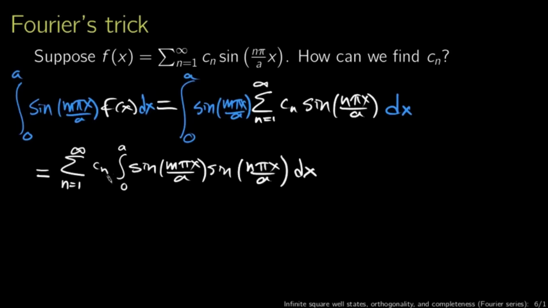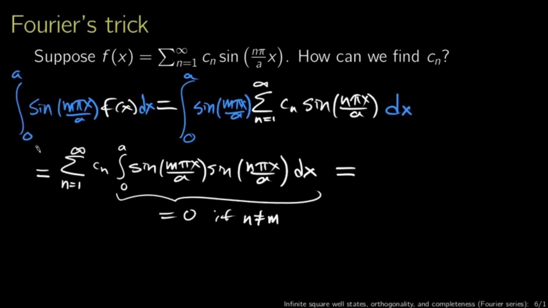Now, you know what this integral looks like. This looks like the orthogonality condition we were working with on the last page. So it turns out this is going to be equal to 0 if n is not equal to m. If you imagine this sum as being this term repeated over and over again for different values of n, all of those terms are going to vanish except for the one term when n equals m.